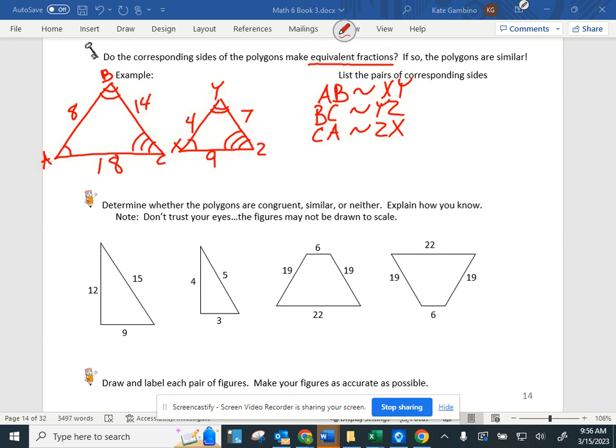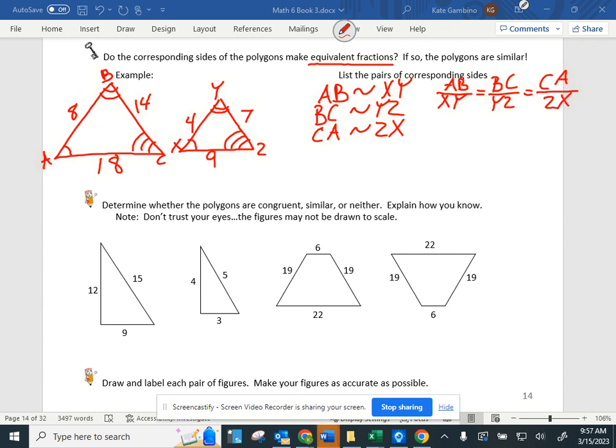I need to make sure that they are proportionate, that they are equivalent fractions. So here's how I'm going to do that. I'm going to take AB over XY, and I want to make sure that equals BC over YZ, and that equals CA over ZX.